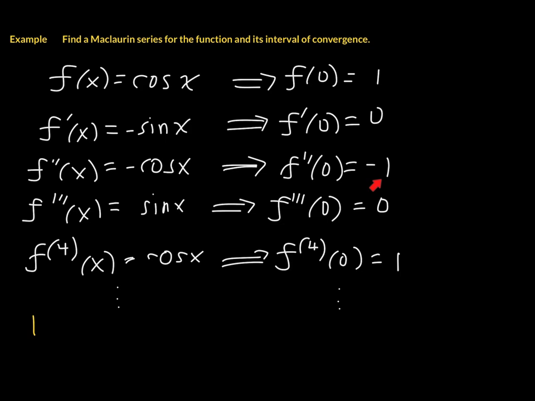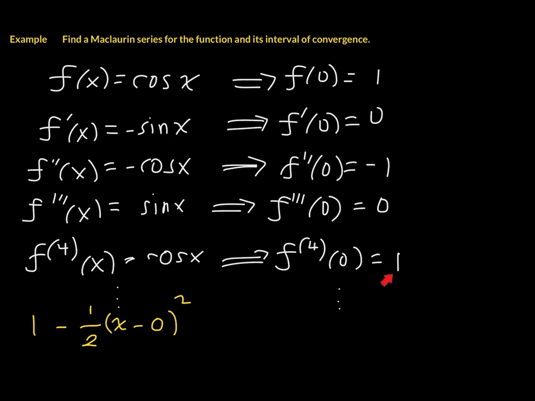The coefficient is negative 1 over 2 factorial, which is just 2. So there's the coefficient, and then we have x squared. Technically, x minus 0, which is the center, squared. We could have just written x squared. And then the third derivative, again, is 0, so I won't even bother writing it because the coefficient is 0 there. It wipes out that term entirely.